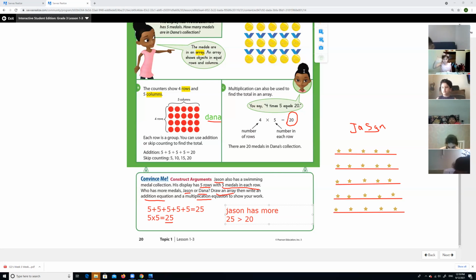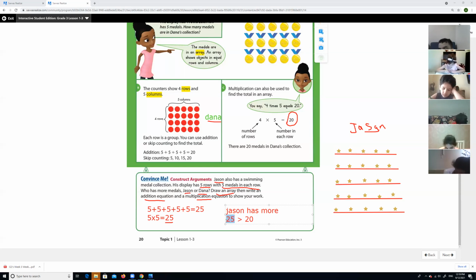Excellent, very good. So I want you to make the drawing, make the array, and write above it, this array is for Jason. I draw the array, I wrote the addition equation, I wrote the multiplication, then at the end, I told him who has more. It is Jason.